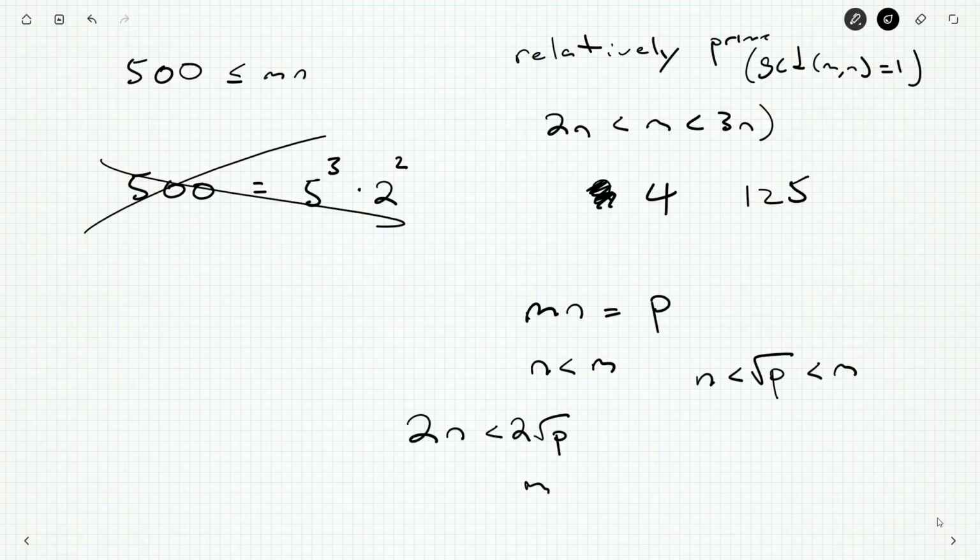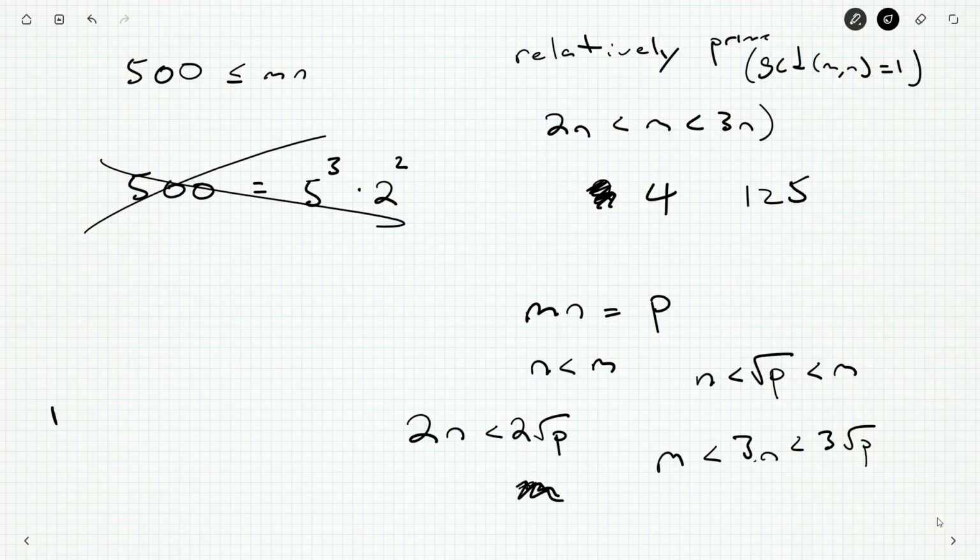Now, I don't know where m fits in all this, but I also know that m is less than 3n, less than 3 root p.